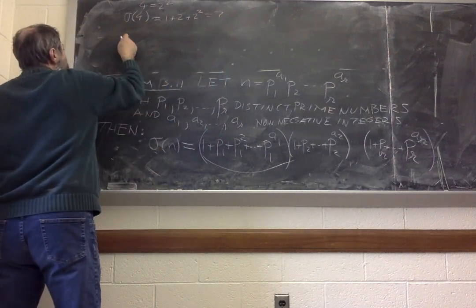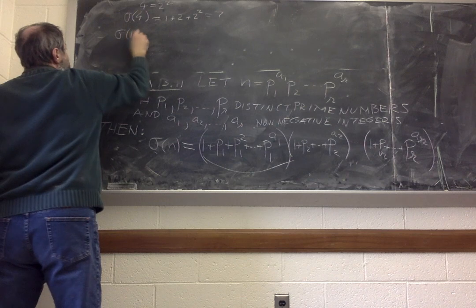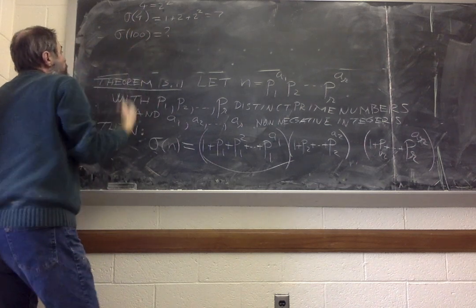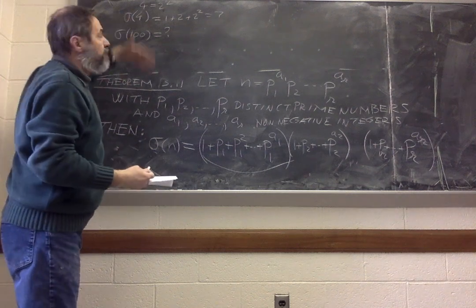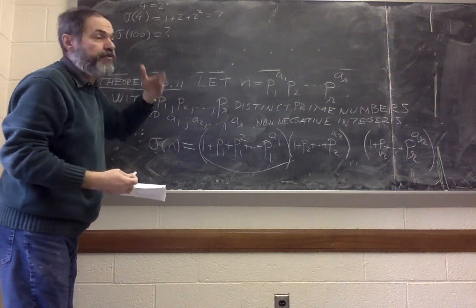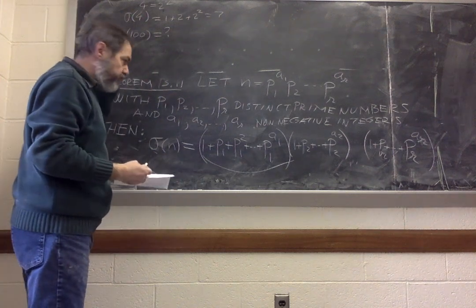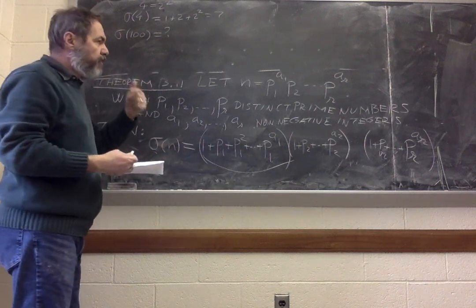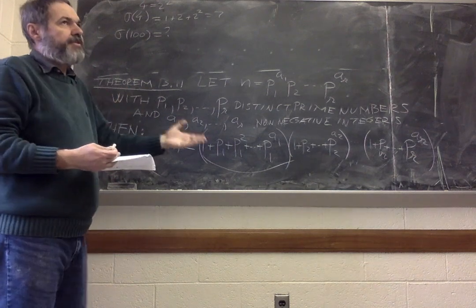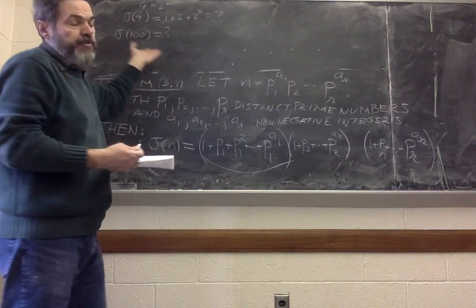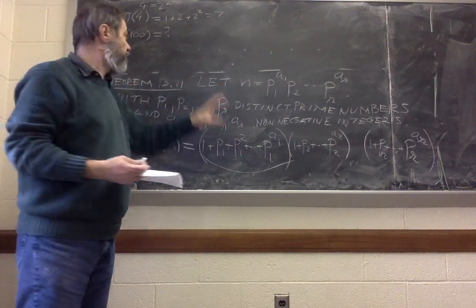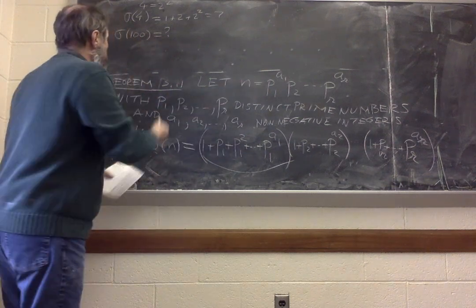But if I want to compute, say, sigma of 100, and I don't already have sigma of 4 and sigma of 25 computed, I just proceed directly with this number. In the particular case of 100, I don't want to use the definition and write all these numbers. I want to use this formula.